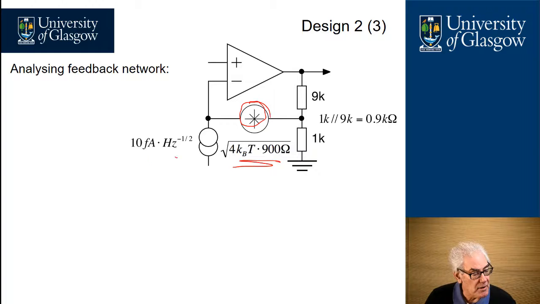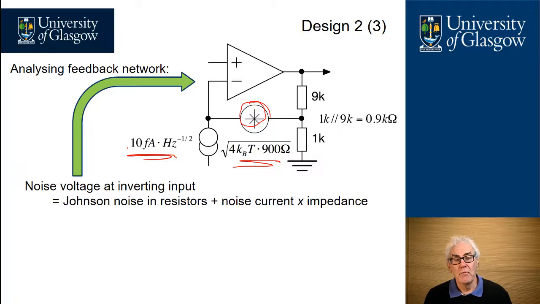We also have a noise current flowing into the inverting amplifier. And first of all, what we want to try and do is work out the total effective noise appearing at the inverting amplifier input. That will equal the Johnson or the thermal noise from the resistors plus the noise current flowing into the feedback impedance.